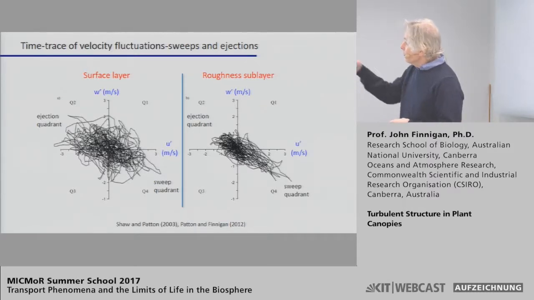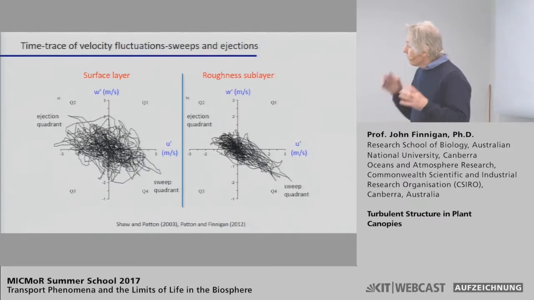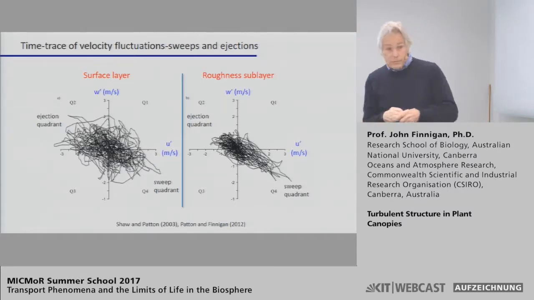Those two quadrants, the Q2 and the Q4 quadrant, the trajectory stays in more often than the Q1 and Q3 quadrants, which would be faster moving up or slower moving down.